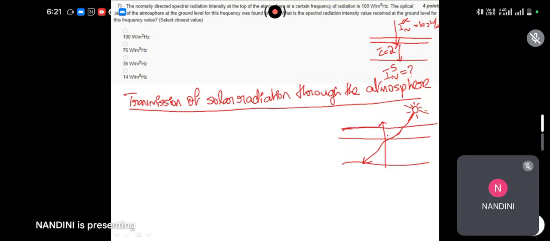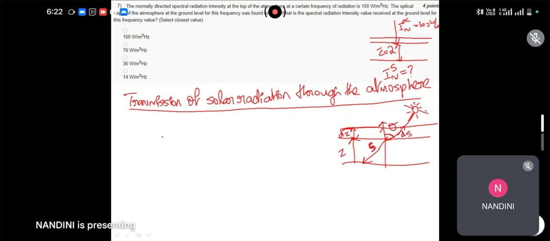So let this be theta. And this is the depth of the atmosphere from the surface to a particular height z. We are considering a small element in the atmosphere. Let this distance be dz, and this is the perpendicular length. Along the solar radiation, the length is given by s. So this is theta and let this be ds.